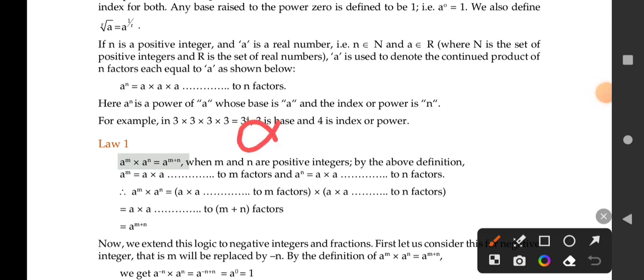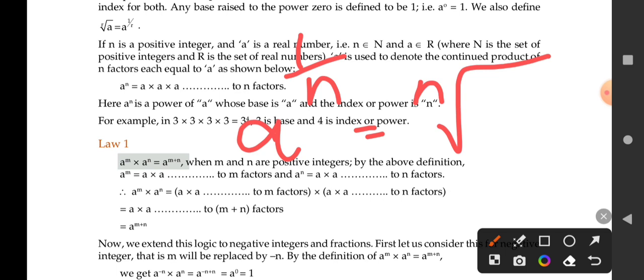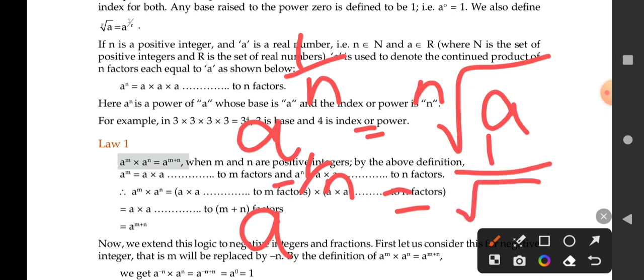So a power 1 by n is the nth root, correct? And a power minus 1 by n is 1 divided by the nth root of a. Okay, did you understand?